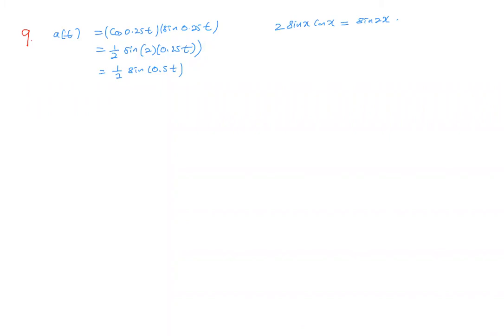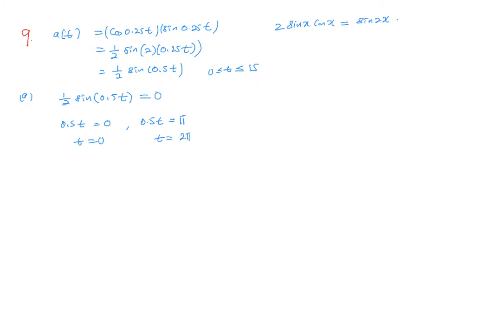Okay, so part A, acceleration equal to 0. So t is between 0 and 15. That means your 0.5t is equal to 0, because sin 0 is 0. sin pi is also equal to 0, correct? So this one you get t equal to 0. This one t equal to 2 pi.